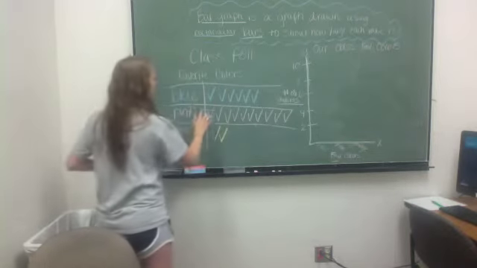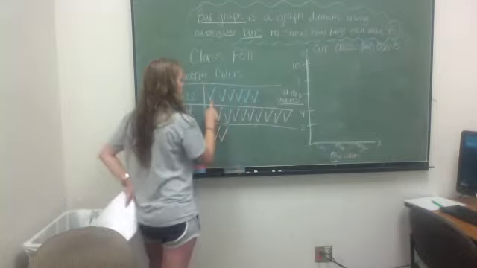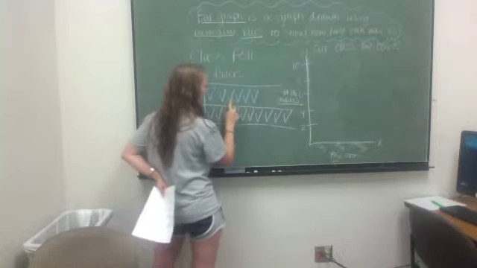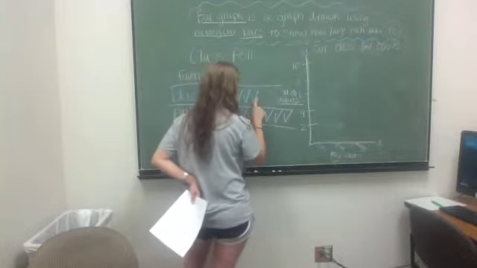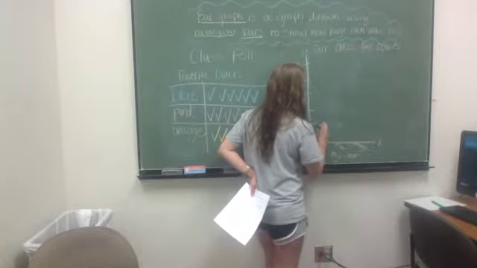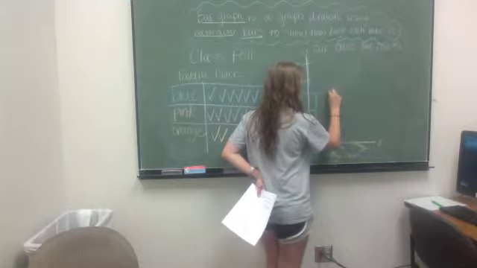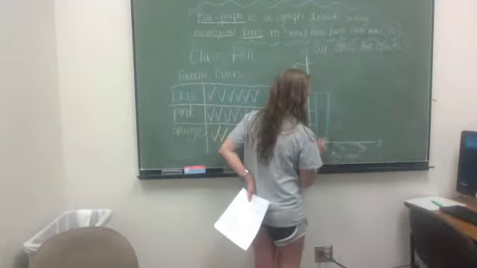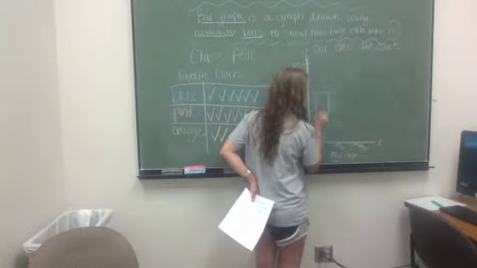So how many blues do I have? Let's count. 1, 2, 3, 4, 5, 6. I have 6 blues. So I'm going to draw my bar all the way up to 6, all the way over, and make our bar graph for blue.